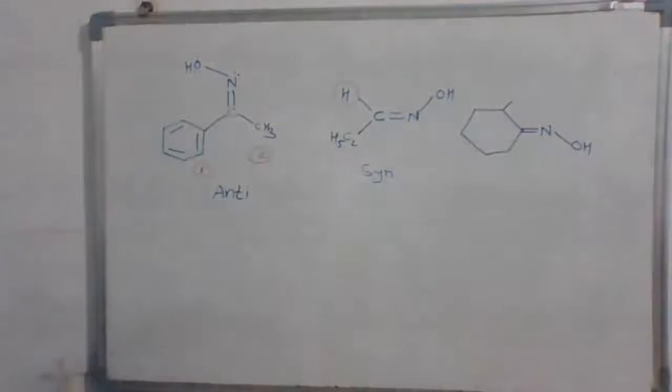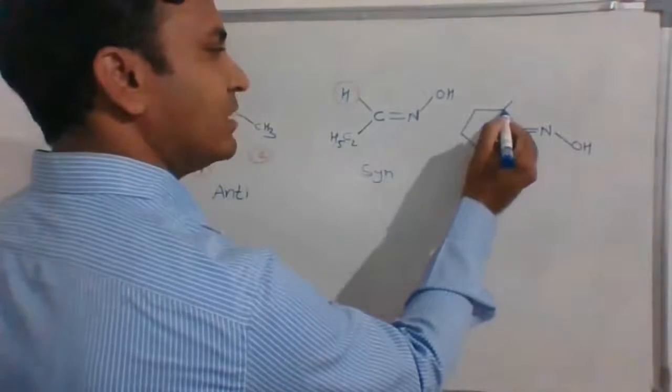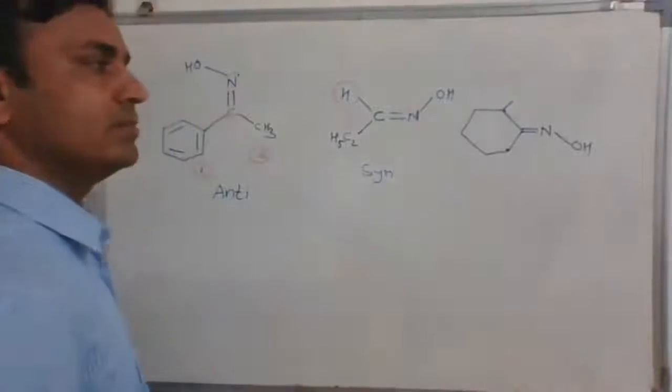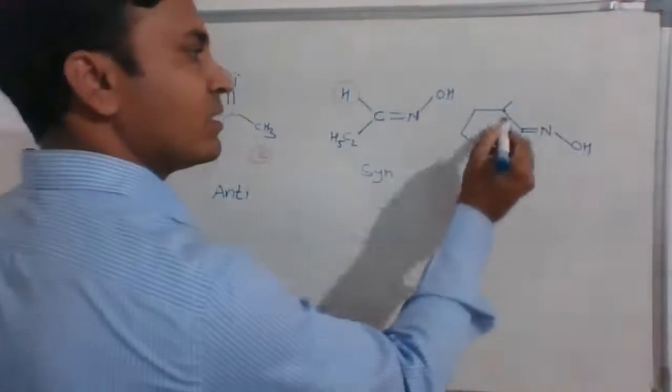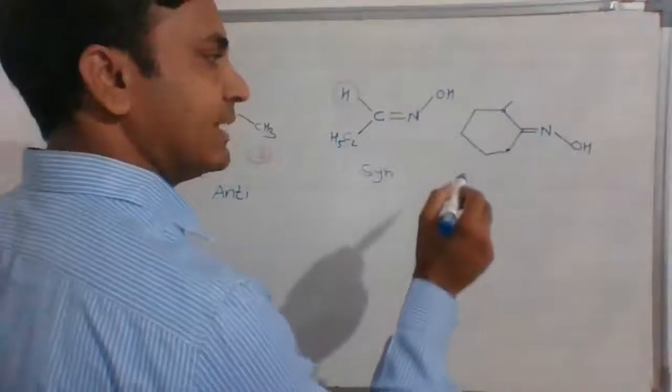What about this molecule? Look at it very carefully. See, on this carbon, the directly attached atom is carbon. On this side also carbon. When the same atoms are attached, then we compare the next one.